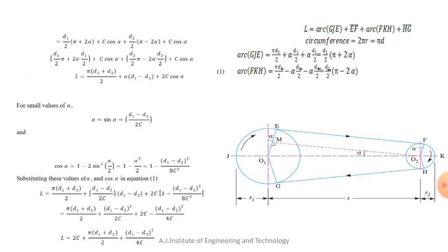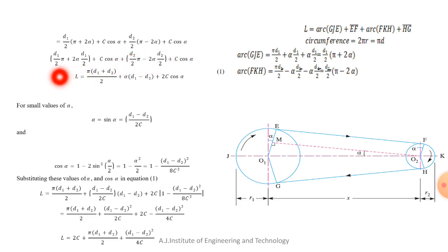Now all the lengths you have to add here. First, arc length GJE, that is d1 divided by 2 into (pi plus 2 alpha), plus EF, which is C cos alpha, plus another arc length, d2 divided by 2 into (pi minus 2 alpha), plus C cos alpha.